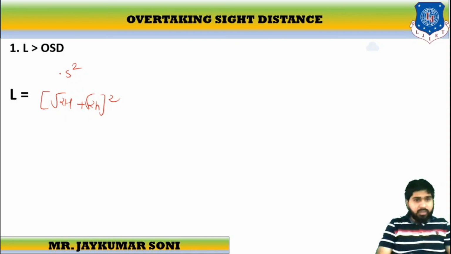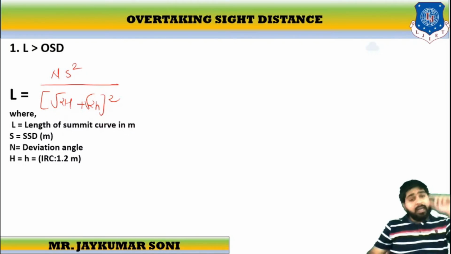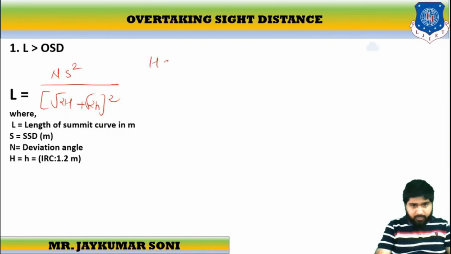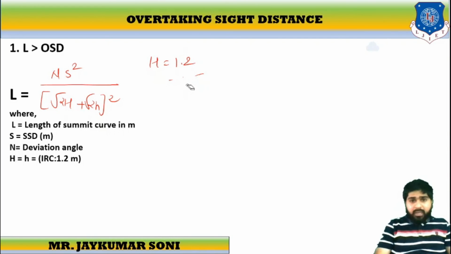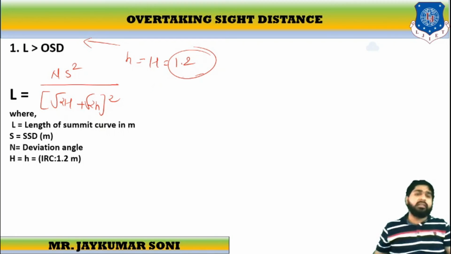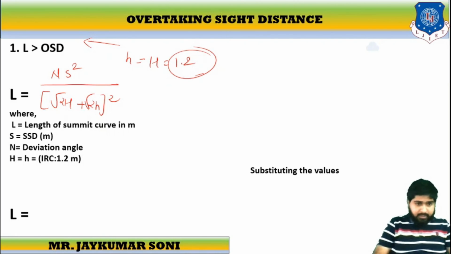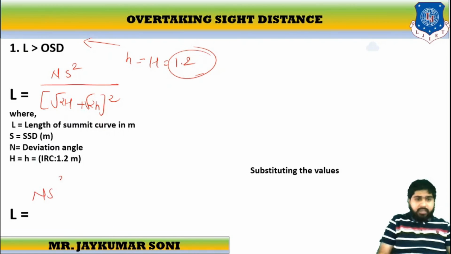If you remember, this was the basic equation, and in that equation we put capital H as 1.2 and small h as 0.15. But whenever we are discussing OSD, we will keep small h and capital H both as 1.2. If we put capital H and small h as 1.2, we will get the final equation as L = N S square by 9.6.